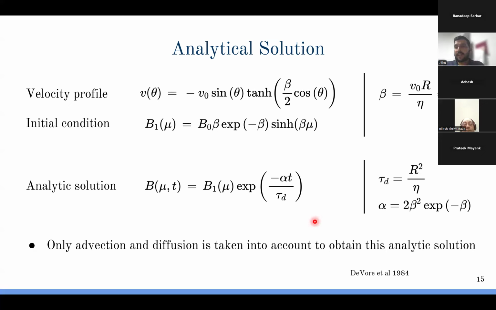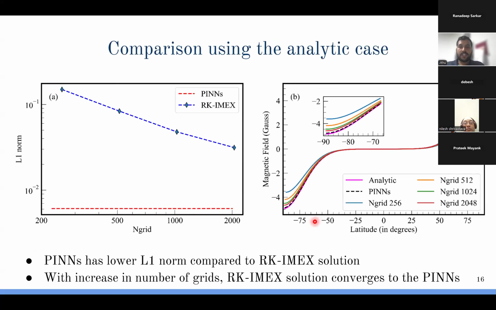So this specific analytical solution was found long ago, and we can use it to compare both the methods one-on-one and see what is happening with each. Now, this is a specific timestamp on your right side. You can see that the analytical solution is given in the pink color.